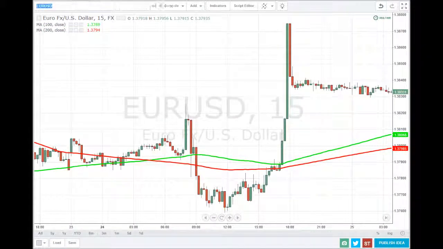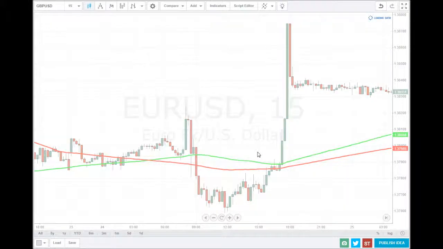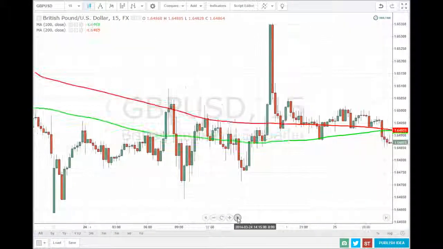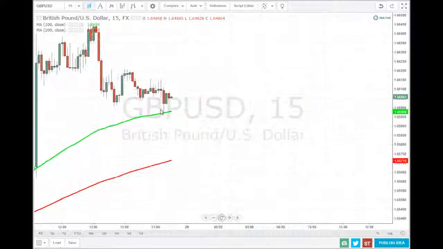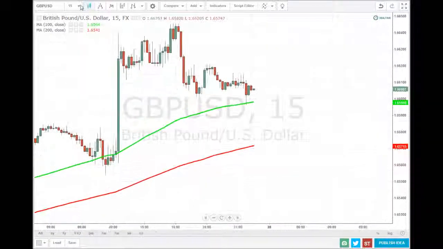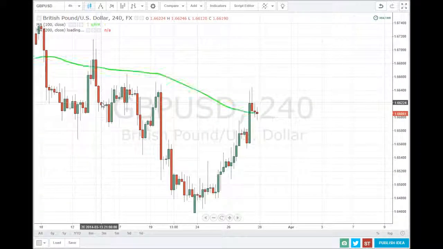Let's go to a different price chart. The pound against the US dollar. And let's go back to a 4-hour chart.